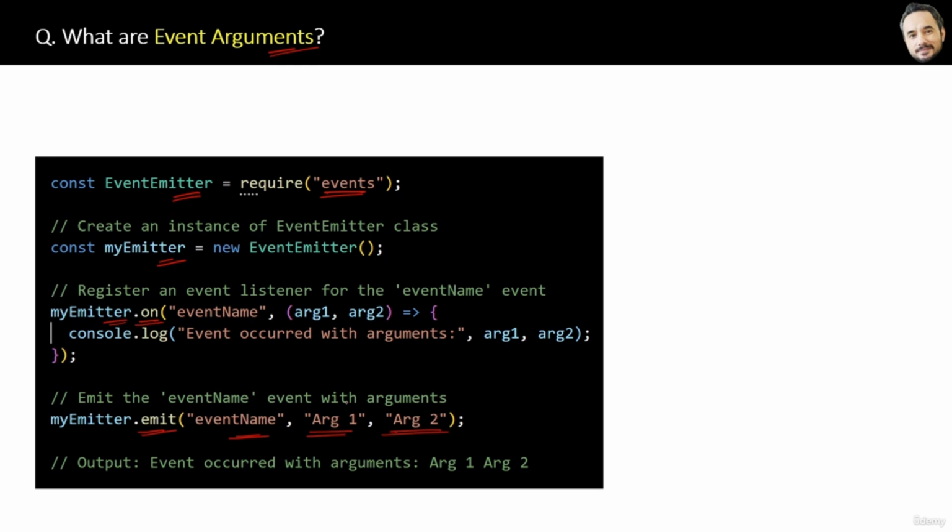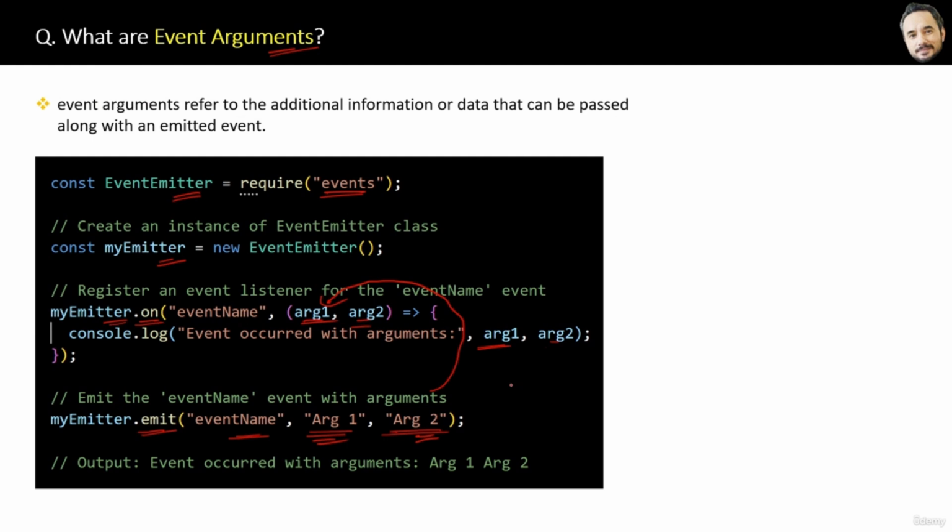These arguments will then be received by the parameters of the callback function above, and then we can use them inside the function as per our application requirement. So in short, if you want to pass some data along with the event, then you can use event arguments, and the same thing is written here also.